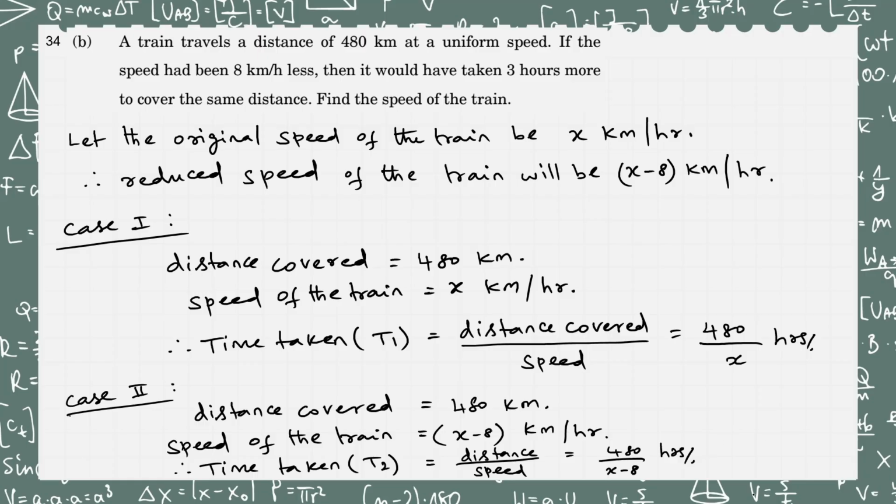Right? Now we know that the time which we obtained in case 2 will be more than the time which we obtained in case 1 because speed is more, so time is less. So T1 is smaller and T2 is bigger and their difference is 3 hours, right?